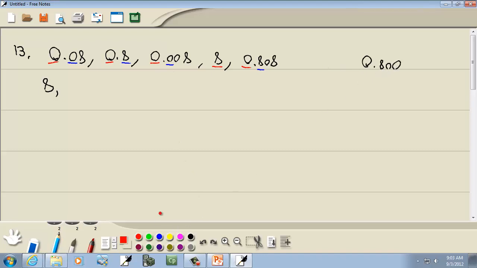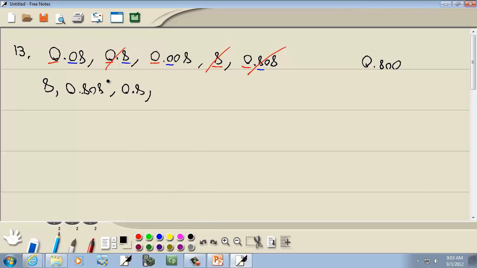So when I'm comparing it to this one right here, I see this one's actually got an 8 here, which is larger than a 0. So 0.808 would be our larger one. Let me cross some of these off. Okay, we've used that one, we've used that one. Our next one would be the 0.8. And cross that off.